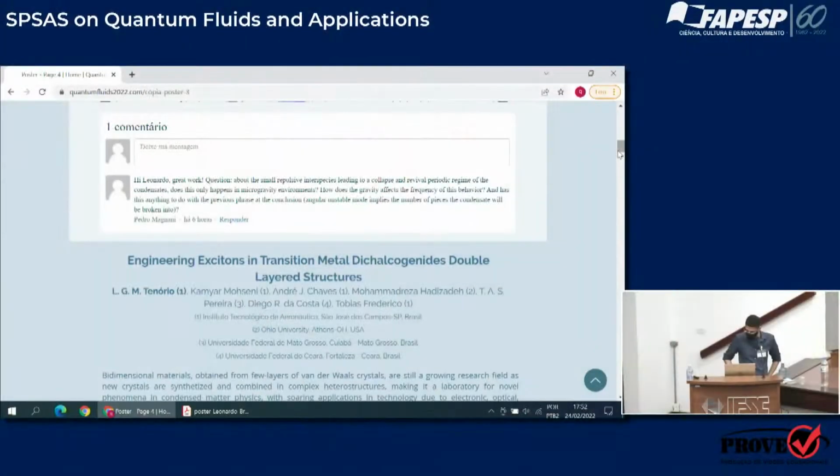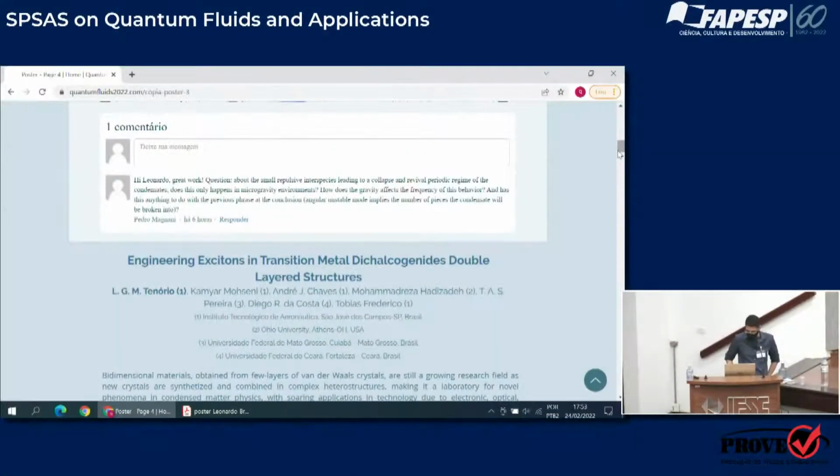How does gravity affect the frequency of this behavior? I don't know. Every single term we insert in the Hamiltonian and the Gross-Pitaevskii equations will affect the stability diagram, but I don't know how it happens. Does it have anything to do with the previous phrase in the conclusion?